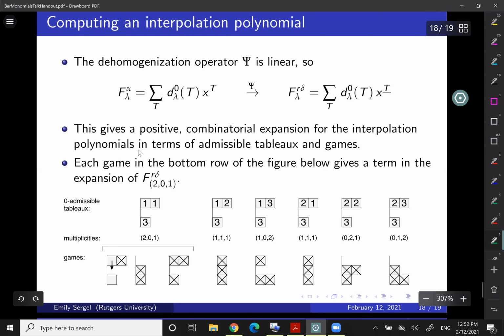And if you look at all the possible moves you can make from a single game, right? So if I fix my starting composition, and instead of looking at all games, I just look at all one move steps I can make, you get a nice recurrence for the bar monomials. A bar monomial of size n is really a sum of bar monomials of size n minus 1.